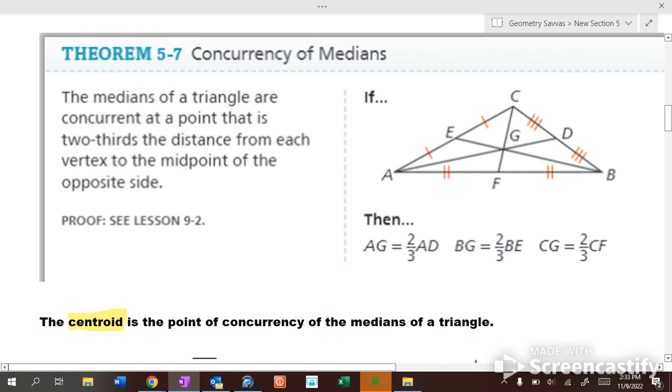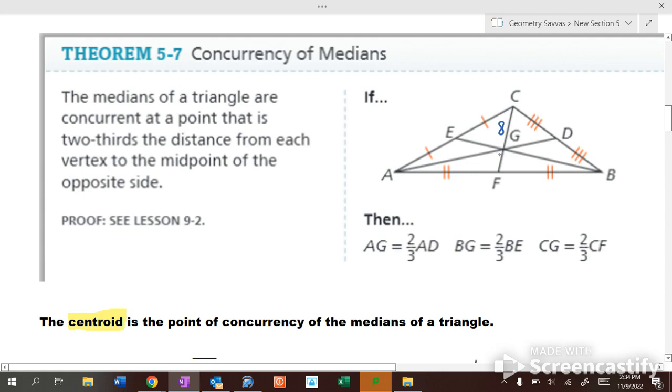Okay, so something cool about medians. When all three medians are split at the centroid, the long part is 2/3 of the whole thing. So if CF was 12, what's 2/3 of 12? 8.